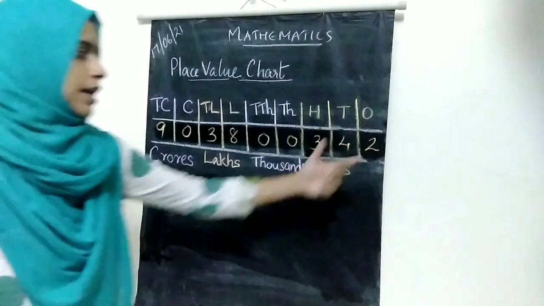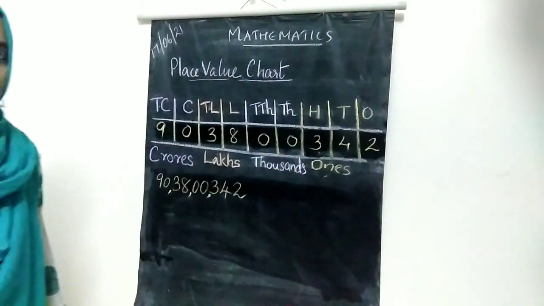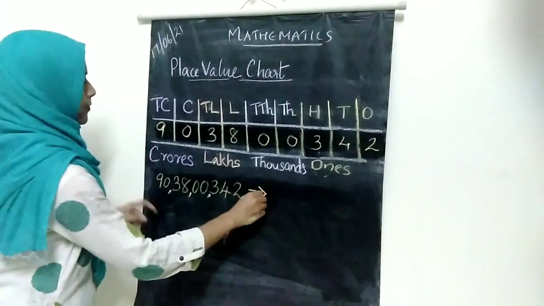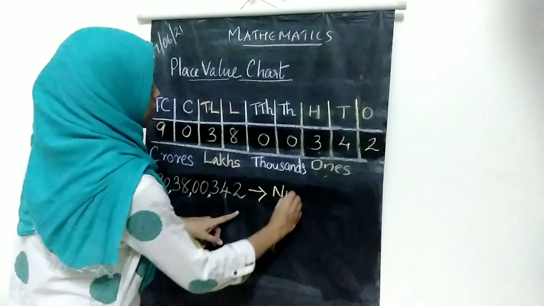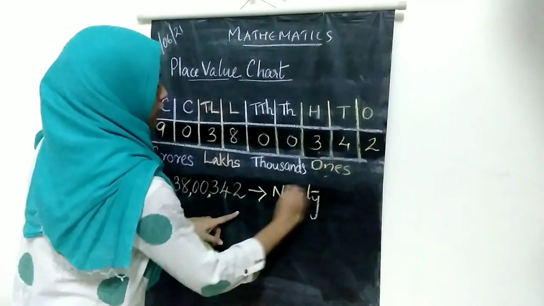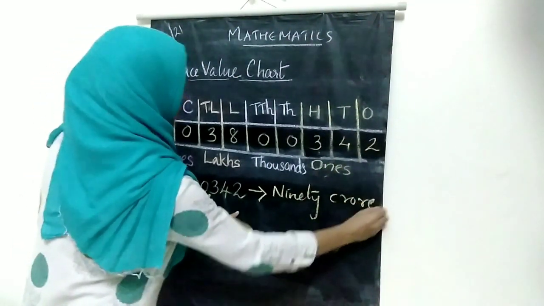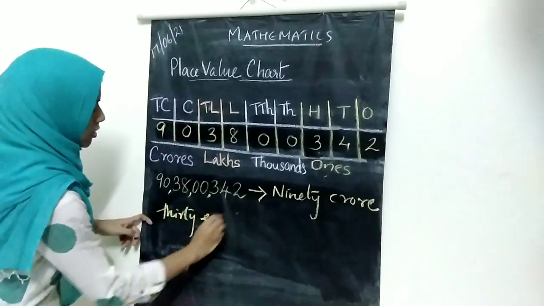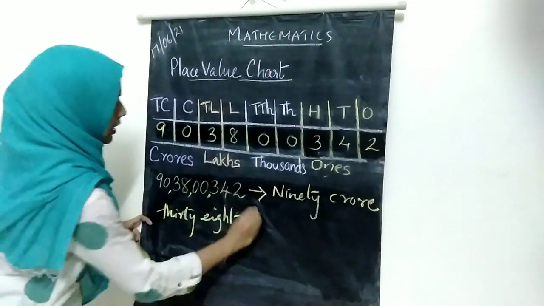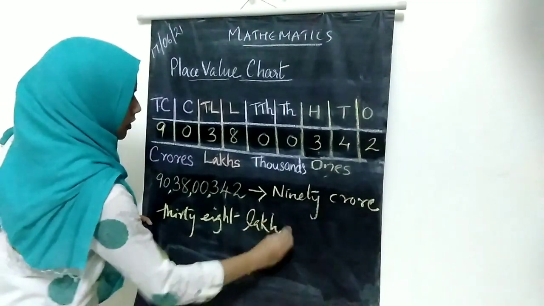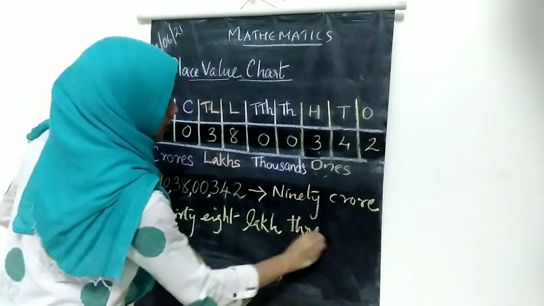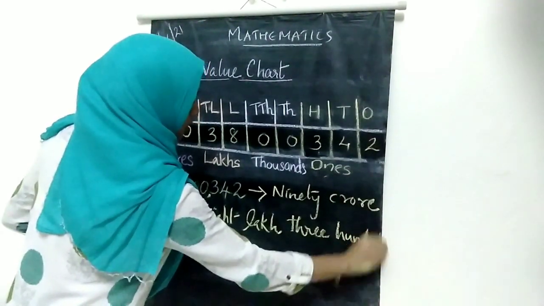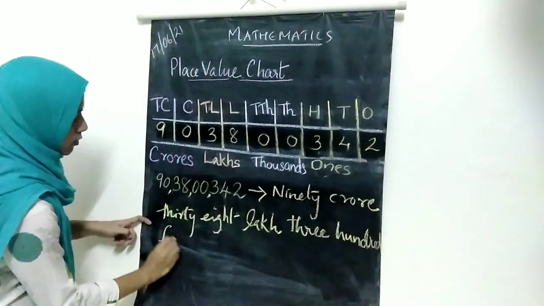Move to the next period, that is 342. So we can write 90 crore 38 lakh 342.